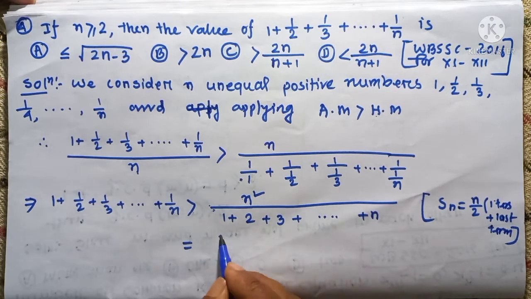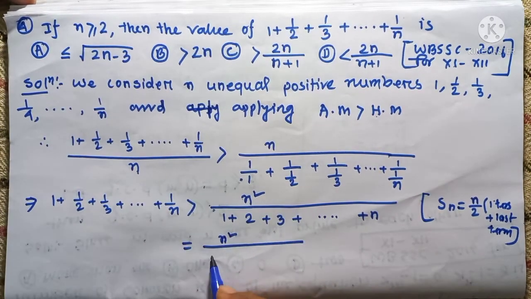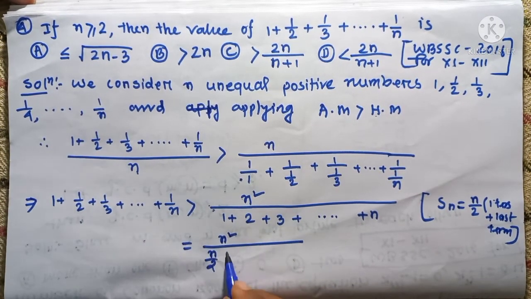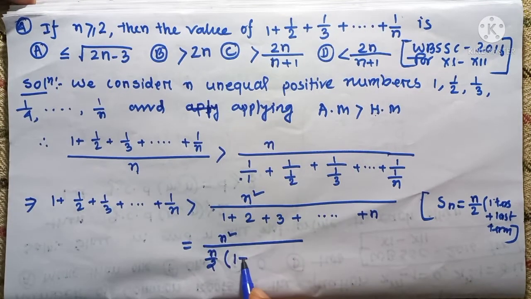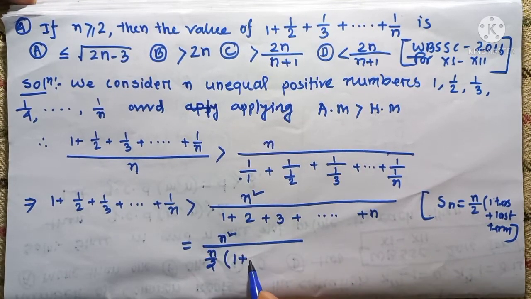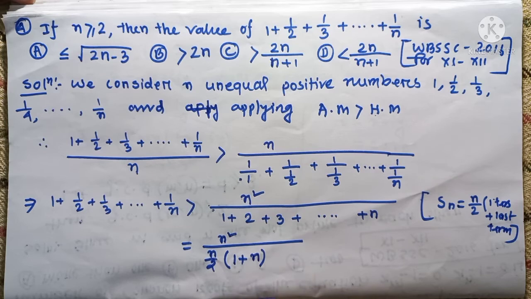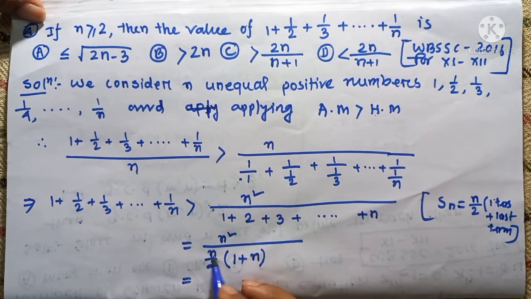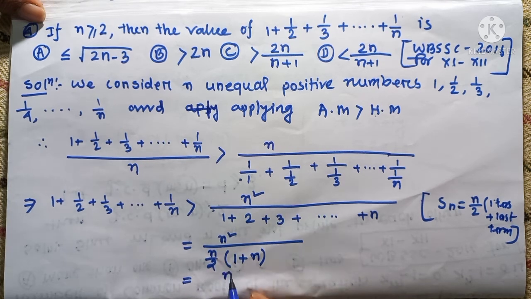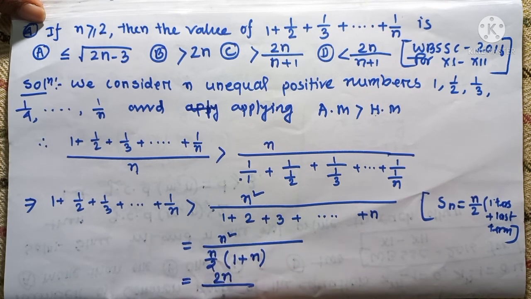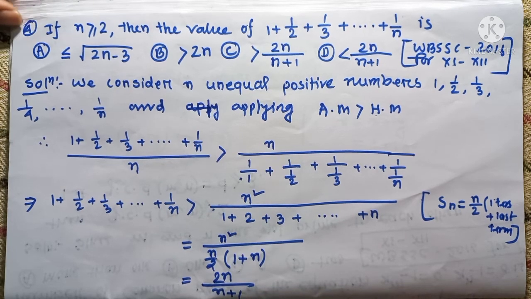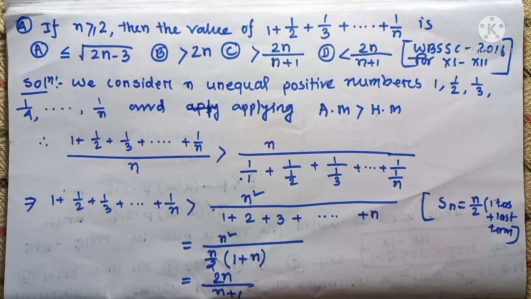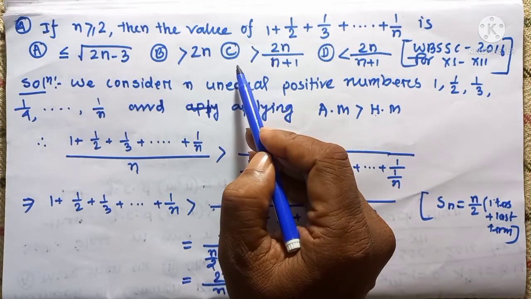So this equals n square by n by 2, first term is 1, so 1 plus last term n. n cancel, so 2n by n plus 1. So the correct answer is option C.